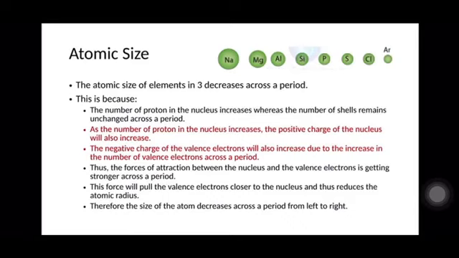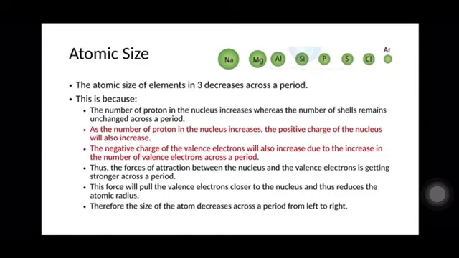So, maksudnya walaupun number of shell tidak berubah, tetap 3, tetapi dia punya number of proton increase. So, apa yang terjadi apabila number of proton increase ni? It means, apabila number of proton dalam nukleus increase, positive charge dalam nukleus juga akan increase.